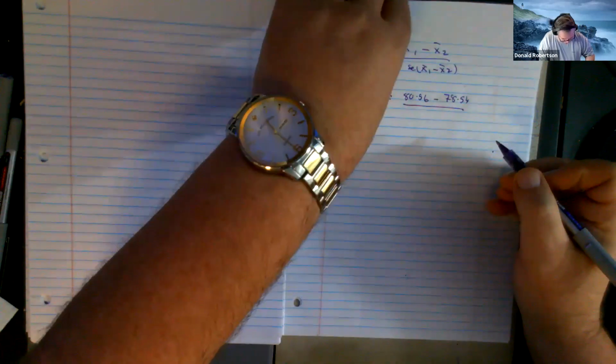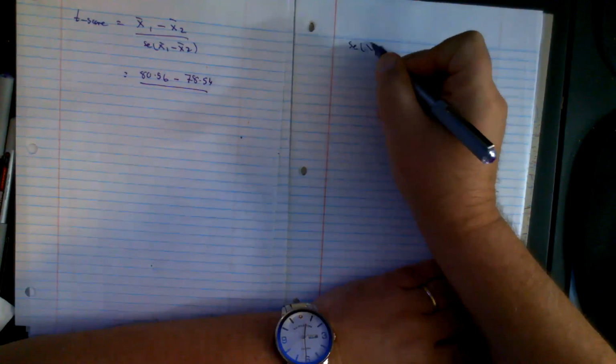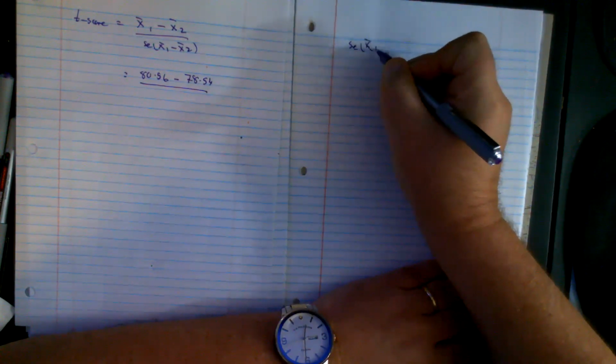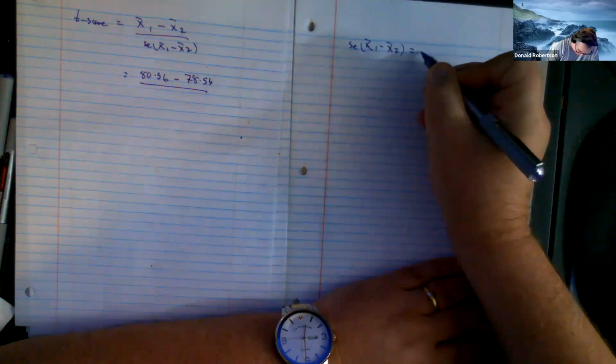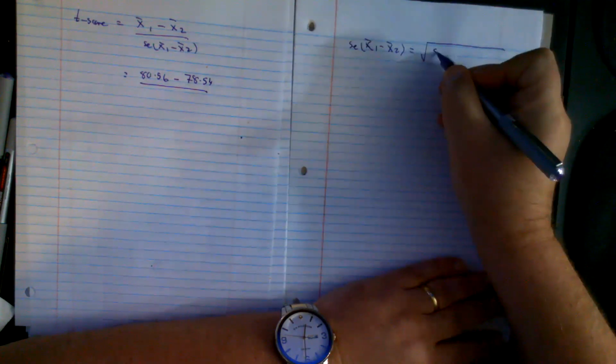In that table, x1 is sample 1, and the mean is 80.56. And x2 is sample 2, and the mean is 78.54. It's divided by the standard error, and I get the standard error of the difference between them using that square root thing again.